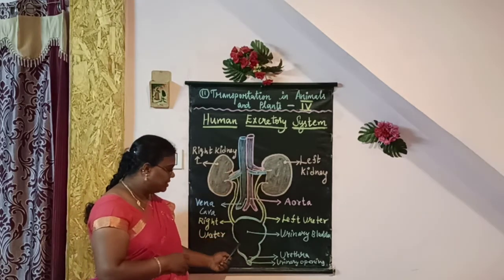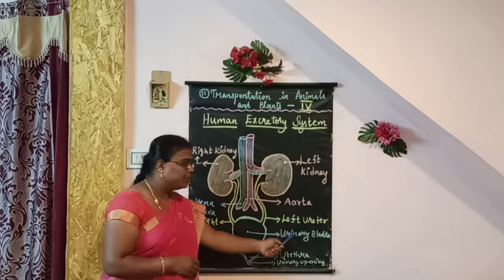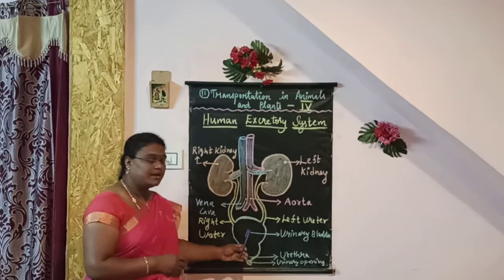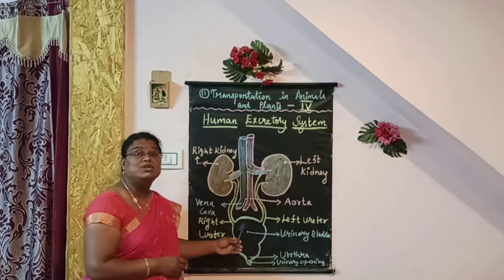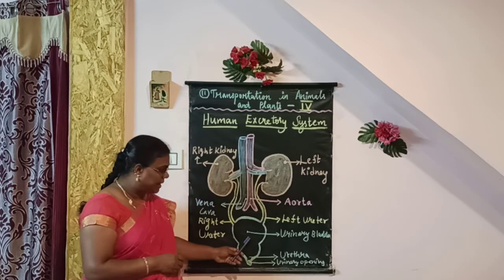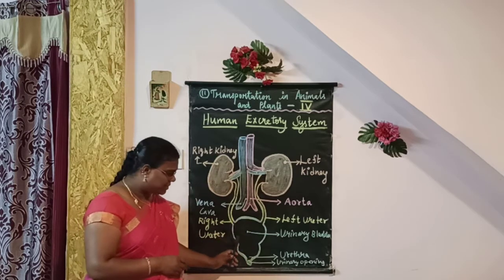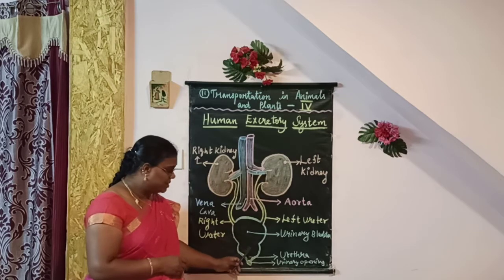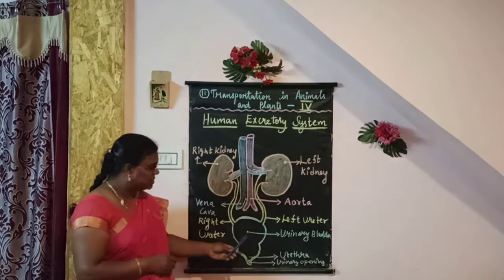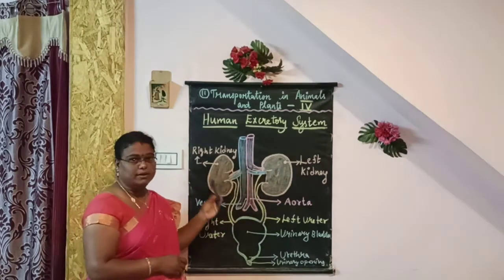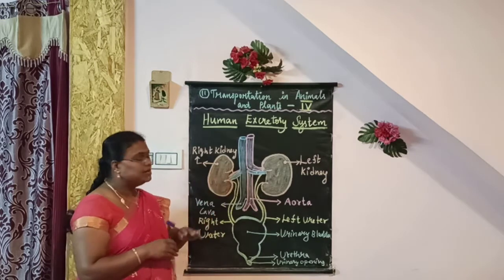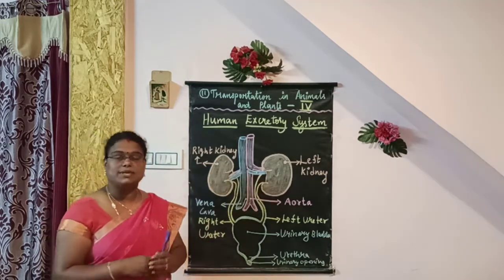The urinary bladder is a bag-like structure, a sac which temporarily stores the urine, and it sends the urine out through the opening called the urinary opening. So this is how the kidney helps in purification and separation of toxic substances.